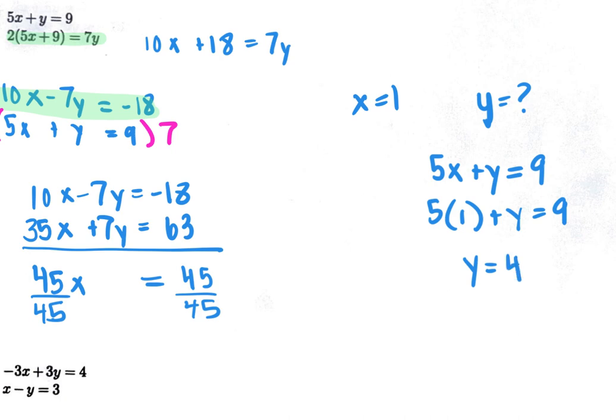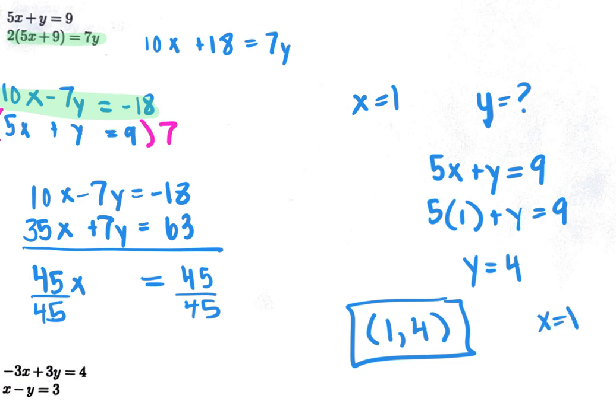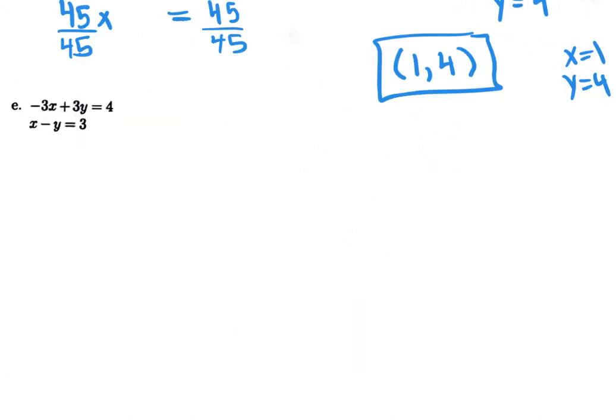So we get the solution. X is 1, y is 4. The solutions are great written as points because you can see the relationship, and I like that. But if you like to see that the x is 1 and the y is 4, that is also a perfectly good way to write your solution.